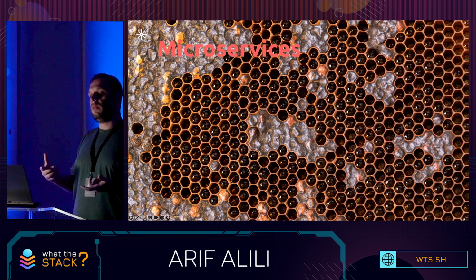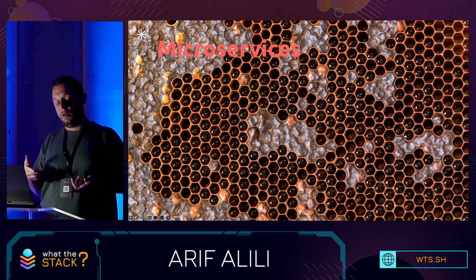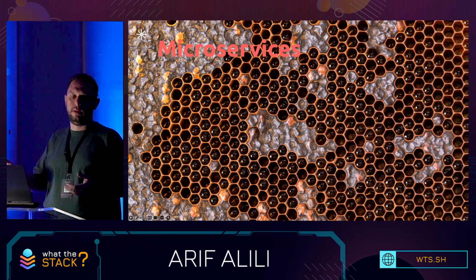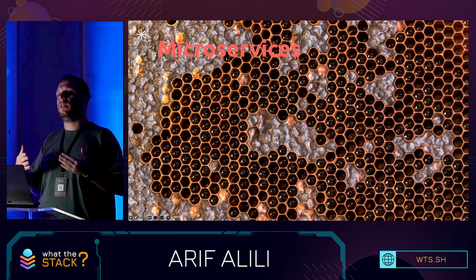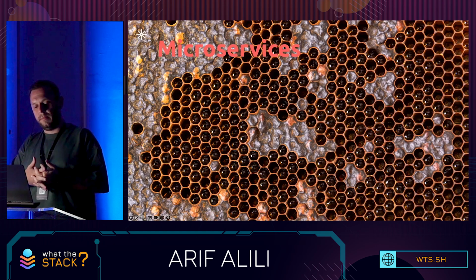What you need to do in order to be successful in your implementation of microservices, or replatforming from monolithic to microservices, is understand that it's also an organizational approach. What does it mean?